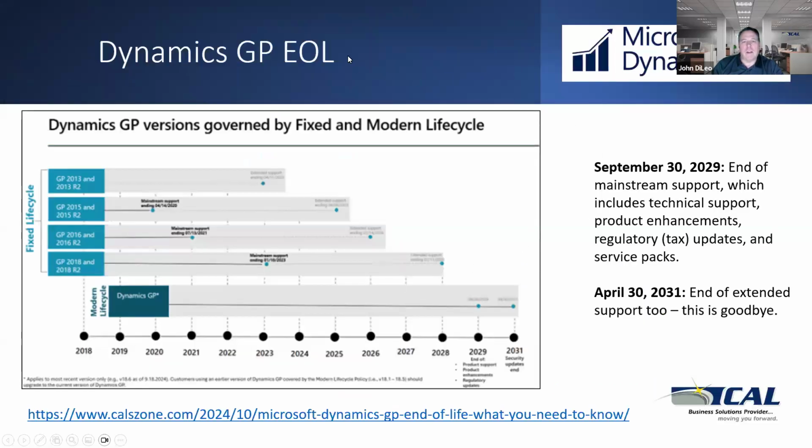All right. So GP's end of life. The most recent update prior to this release was that Microsoft always said 2028 and beyond. Now they've clarified today what 2028 and beyond means. For anybody on the modern lifecycle, which is after GP 2018 R2, each year there's a release, and each year that release will contain updates.